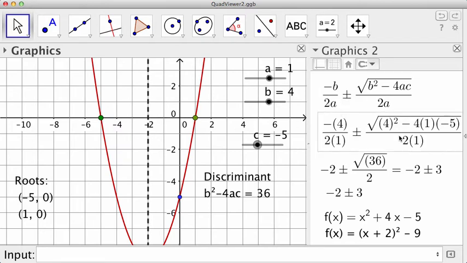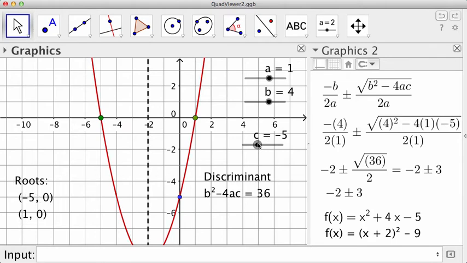So what this is saying to us is that we have to add 3 or subtract 3 from negative 2 in order to get to our roots. So we have negative 2 plus 3 gives us positive 1. That's root number 1 here. And we have negative 2 minus 3 gives us negative 5. That's our other root here.